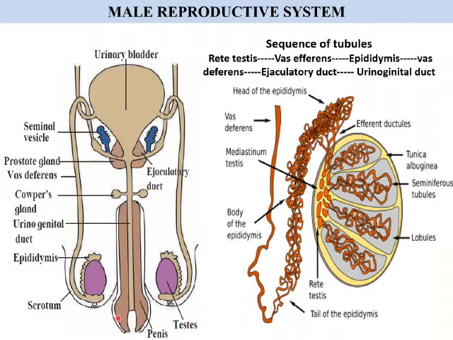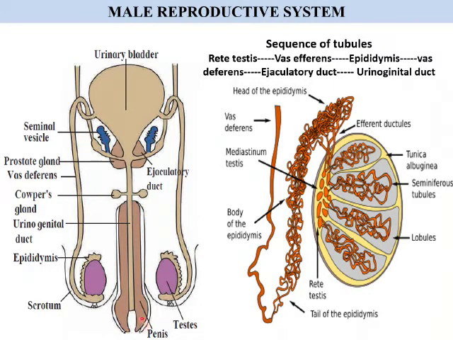Now, one more important point: all the organs of the male reproductive system are paired. We have seen that the testes, vas deferens, Cowper's glands and seminal vesicles are paired. All the organs are paired except the urinogenital duct, which is single.